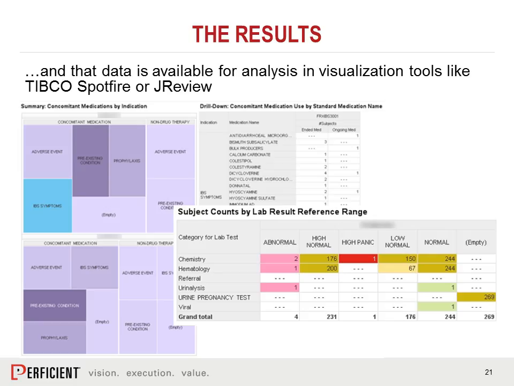Again, it presents the information in a very useful fashion. And the nice thing is that those visualizations can be automatically made available as soon as the data is loaded and is available in the warehouse. So if data is loaded at noon, visualizations and analysis could be available as soon as later that afternoon.